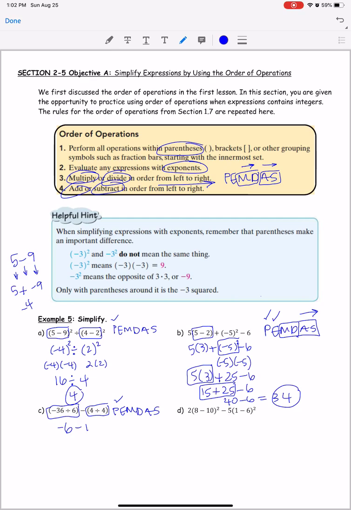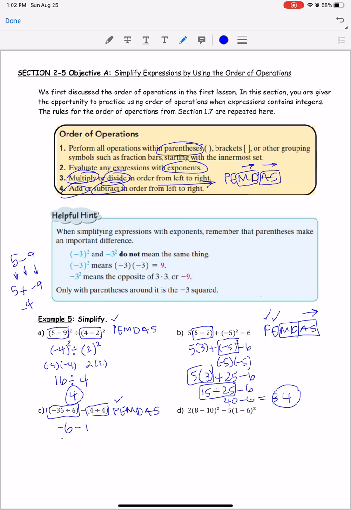Now we have one operation left, so either subtract. If you owe me $6, and now you borrow another dollar, now you owe me -$7. Okay, think money. -6 minus 1. You owe me 6. You borrow another one. Now you owe me -7.